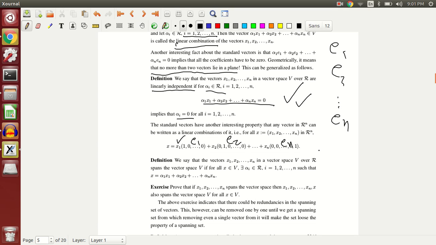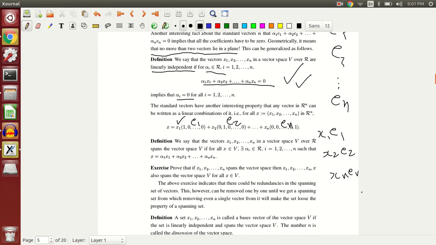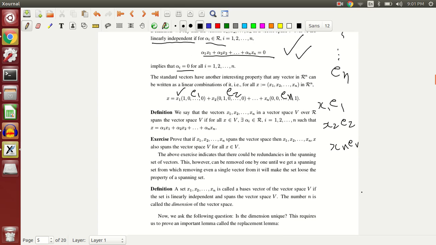So you can write it as x1 E1 + x2 E2 + ... + xn En. So that is possible. Having understood that, we can proceed, and there is a definition here.